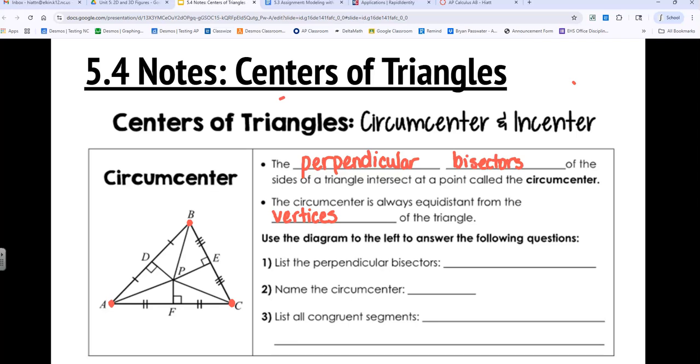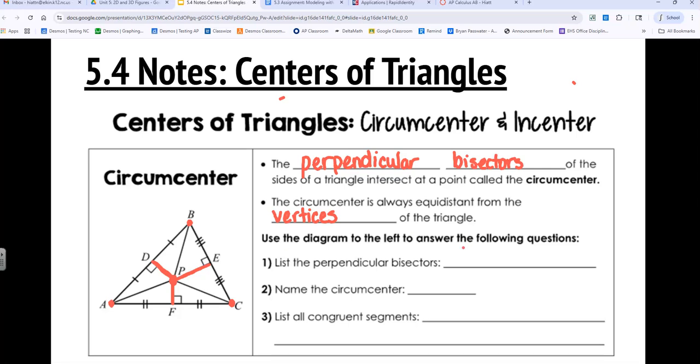If you have colors, they might be helpful here. So our perpendicular bisectors here, I'm going to do those in red. These three lines right here are our perpendicular bisectors. They go from the middle out to the edge, they're perpendicular, and they cut that side in half.